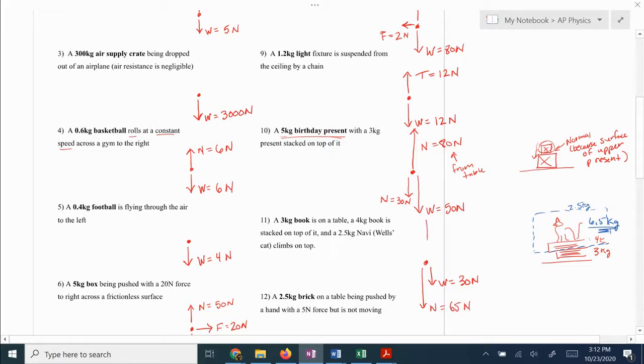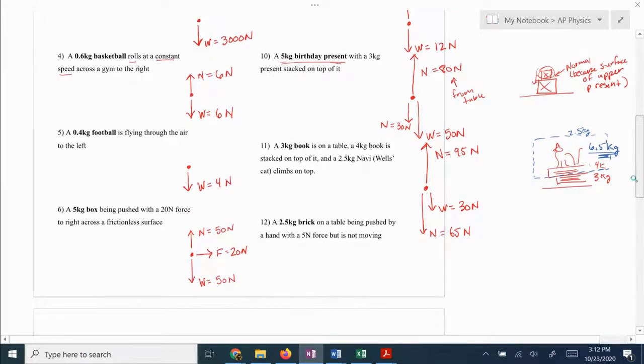And then we'll have the normal force from the floor or table, which is going to be the sum of those two things. So that normal force is going to equal 95, 30 plus 65. Again, ideally I would have made that longer, but I ran out of room. If this is 30, this should be twice as much, and this should be equal to those two things added together.